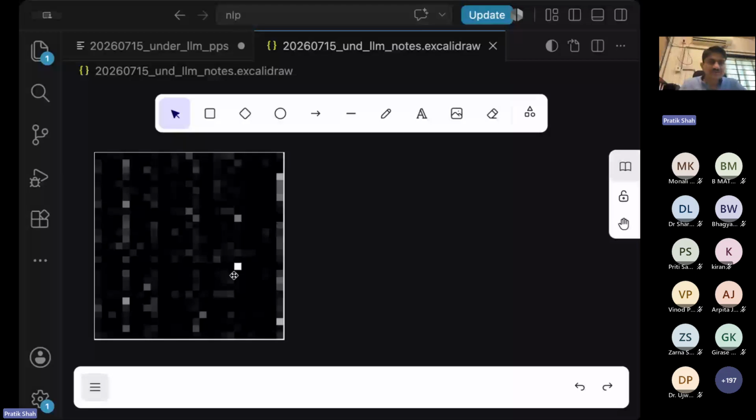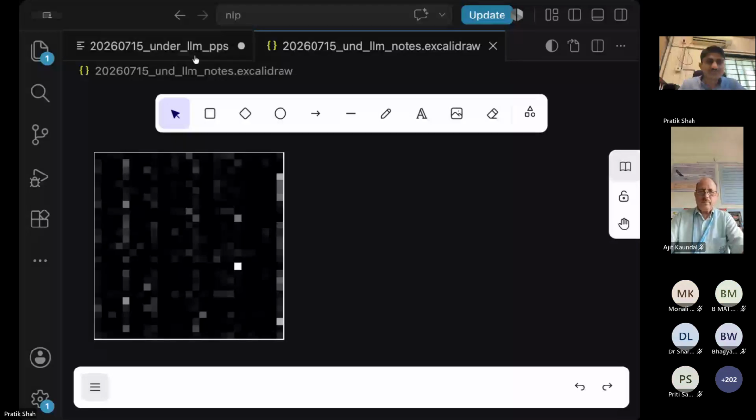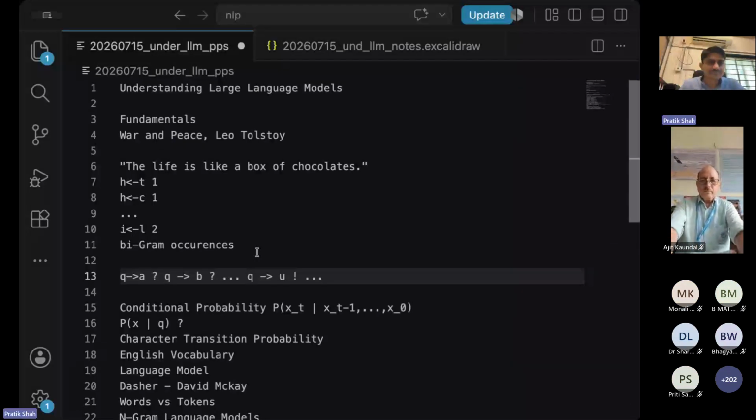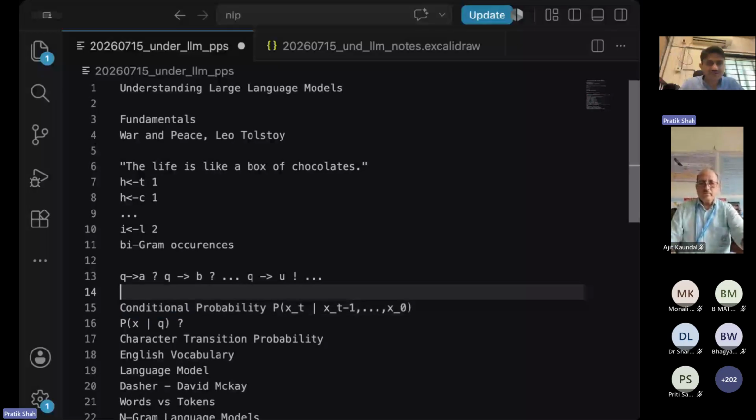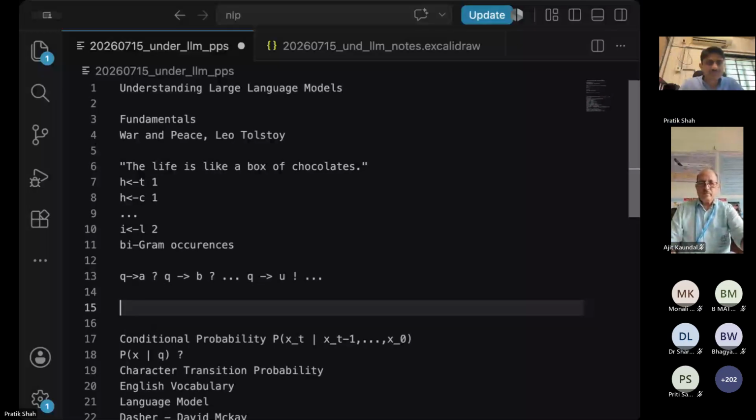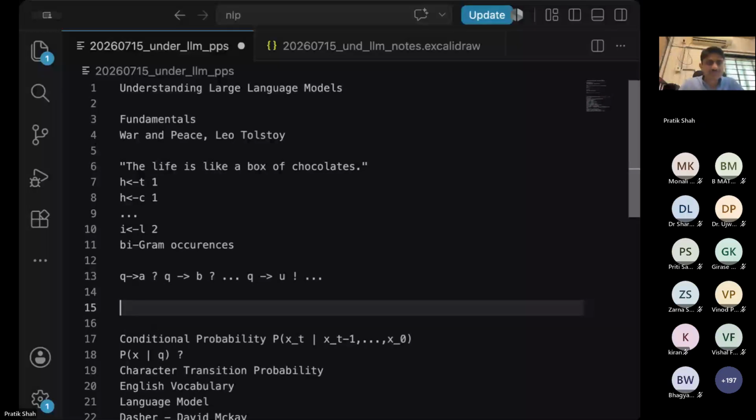And this is something which we refer to as a bigram language model, where I would say, what is the probability that, given the character is Q, the next character would be U, and this is equal to 1.